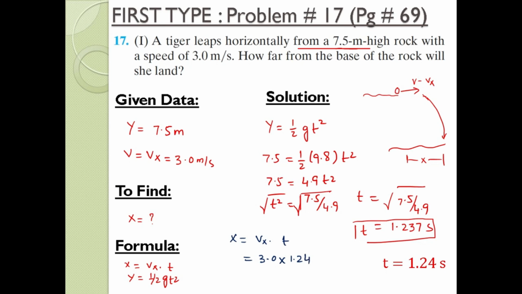If we simplify it, the horizontal distance is 3.72 meters. We can round to two significant figures, 3.7 meters. So this is your solution.